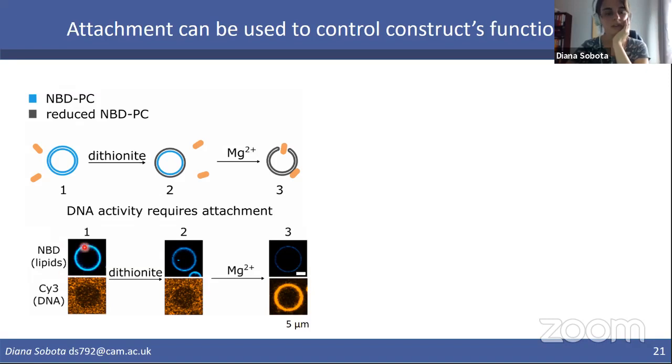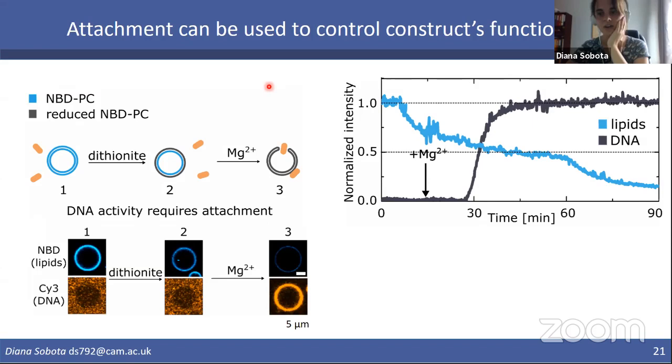So we have initial 100% fluorescence and no attachment. Then the loss to 50%, still no attachment, but then when it attaches, it further bleaches the vesicle. And I think you can see it better on the trace, where we can now trace our NBD lipids. With 100% fluorescence, they go down.